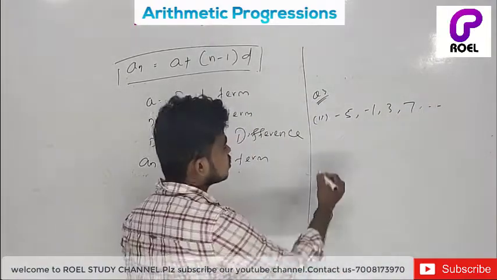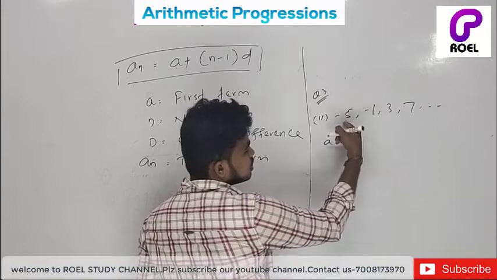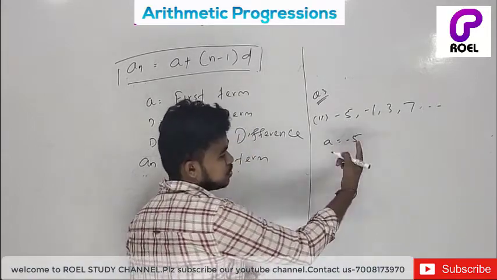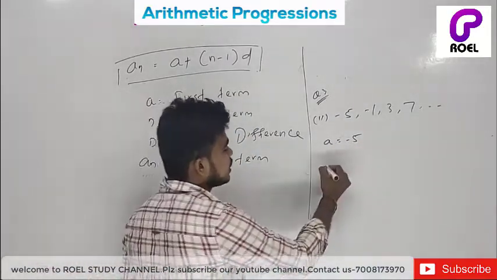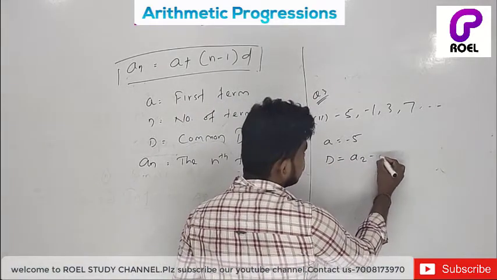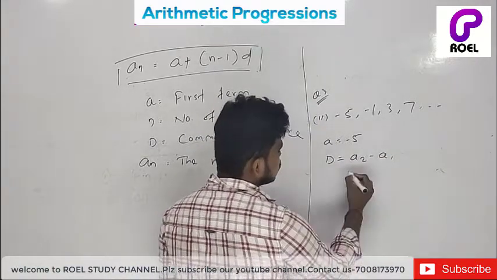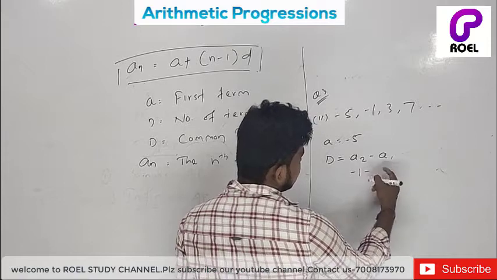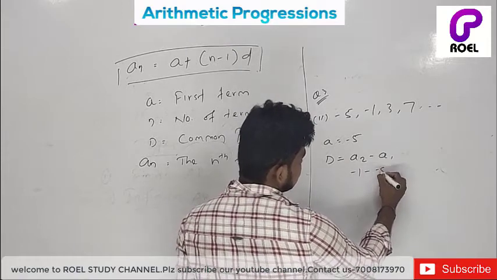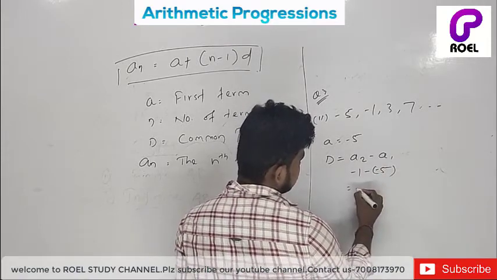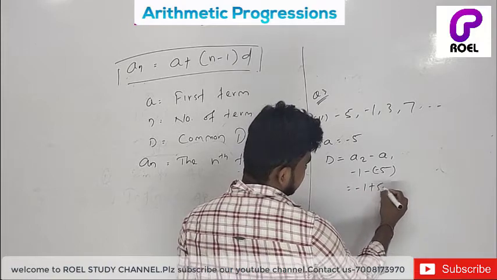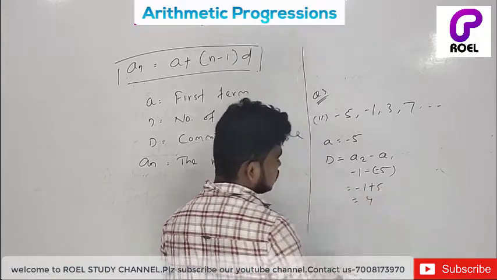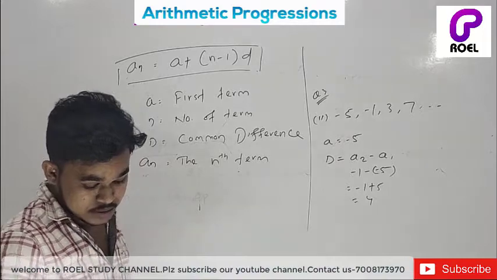So here A means first term, that means A is -5, and D means what? A2 minus A1. So A2 is -1 and A1 is -5. So -1 plus 5, that is 4, and D is 4.